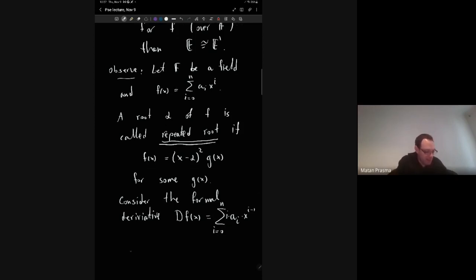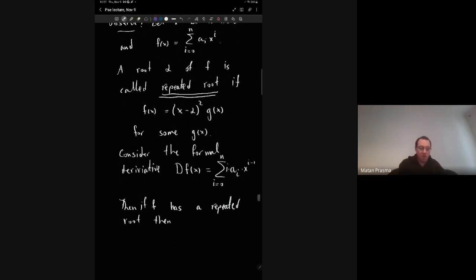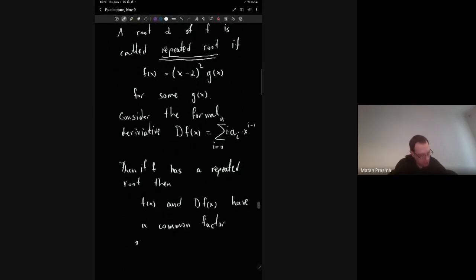And I claim that if f has a repeated root, then f and df have a common factor of degree bigger than or equal to 1.